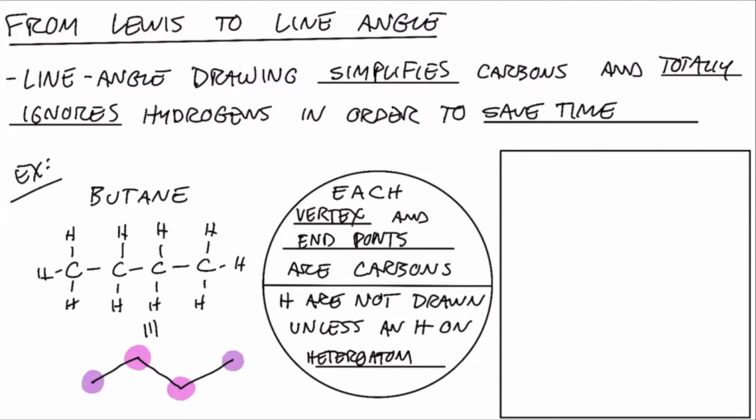So if you are having trouble seeing this a little bit, totally okay. What you can do is just draw in C's on each of those vertexes and endpoints to remind yourself, oh yeah, that's a carbon, no problem. And then to remind ourselves of how many hydrogens there are, we just fill in as many hydrogens as it takes so that all carbons have an octet.